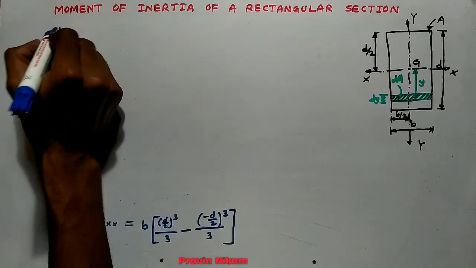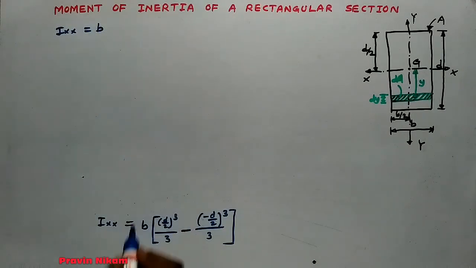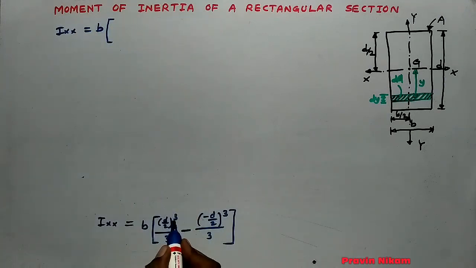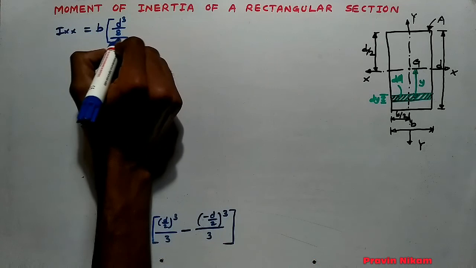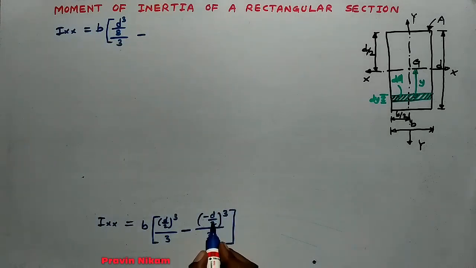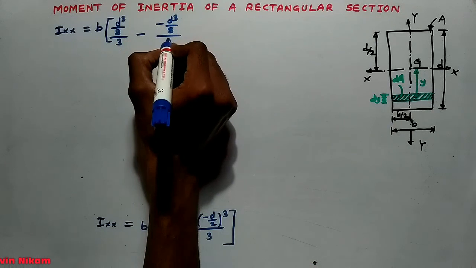Ixx is equal to b in bracket, d by 2 cube, that is d cube divided by the cube of 2, which is 8, divided by 3, minus the cube of this bracket, which is minus d cube by 8 divided by 3.